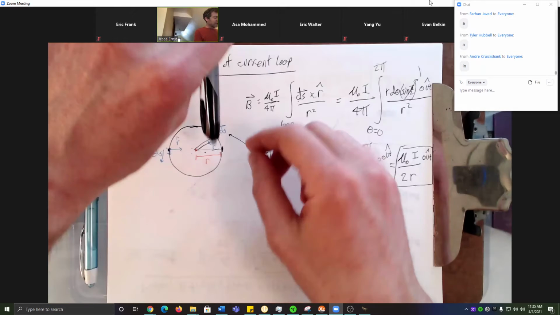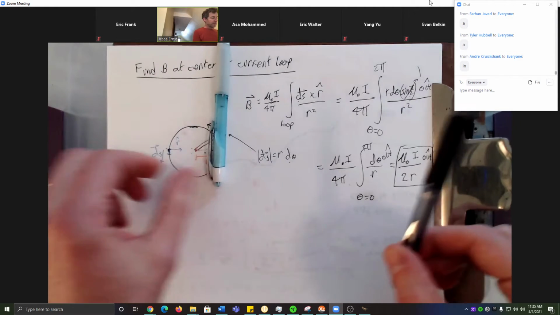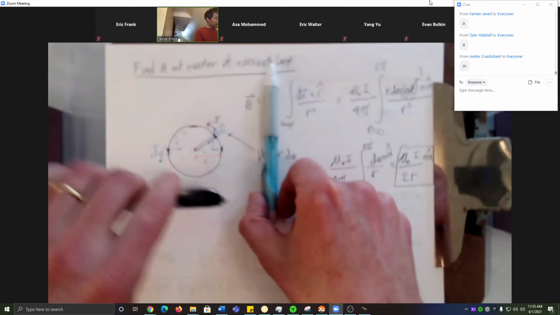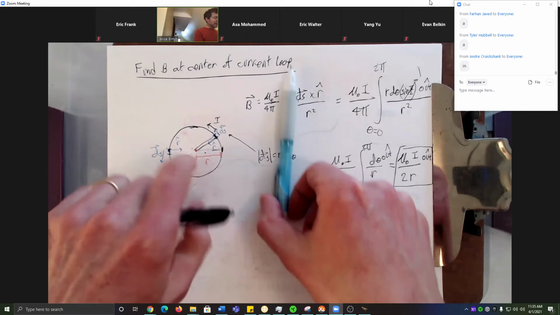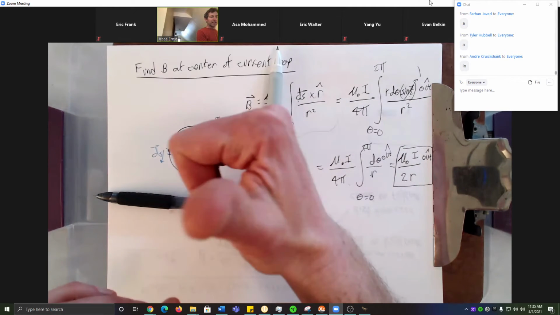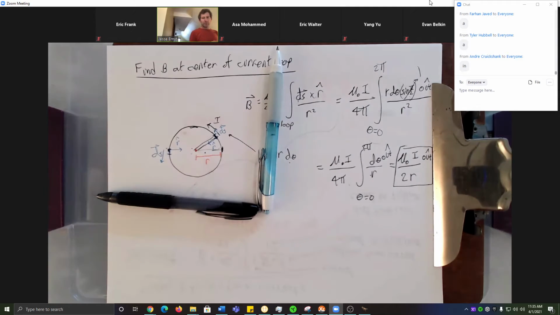So ds vector for this element here points this way, up toward the top of the page. R hat goes from the element to the point you're interested in, so it goes that way. So ds cross r is right out of the page. Is that okay, Evan? Yes, thank you.